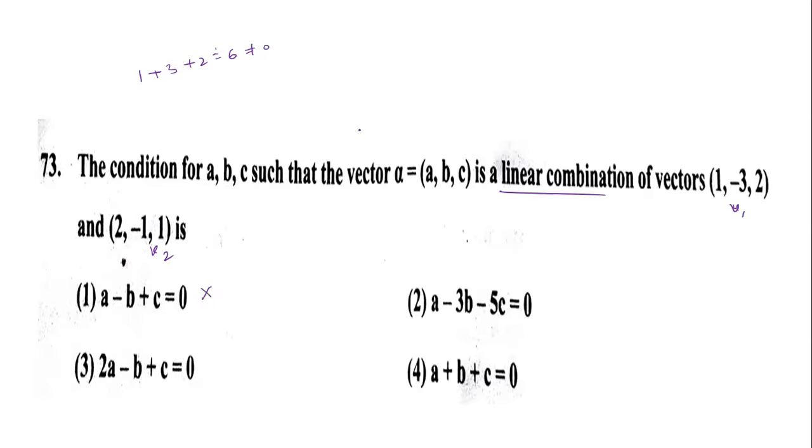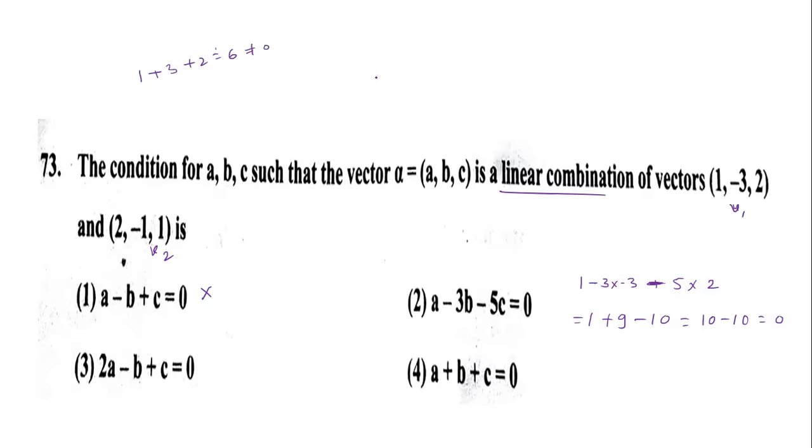Therefore, this option fails. Next, 1 minus 3 into minus 3 plus 2 into... 1 plus 9 minus 10. This is 0, 10 minus 10 is 0.